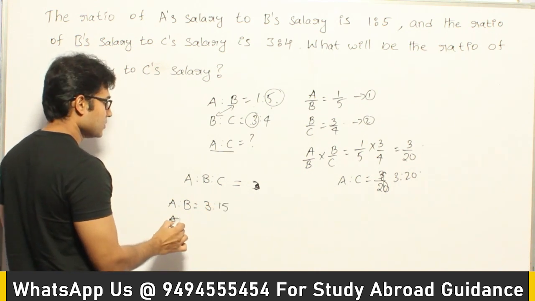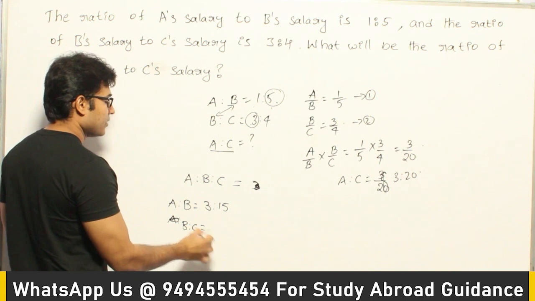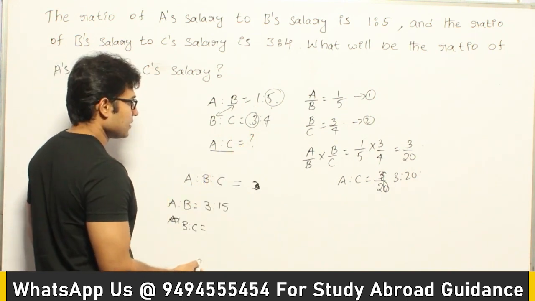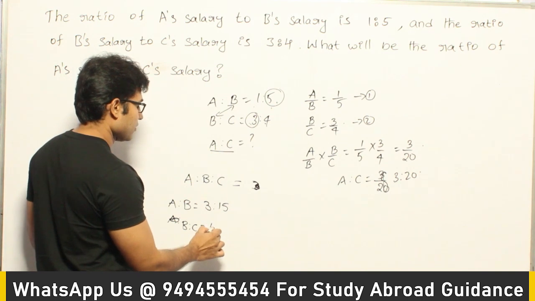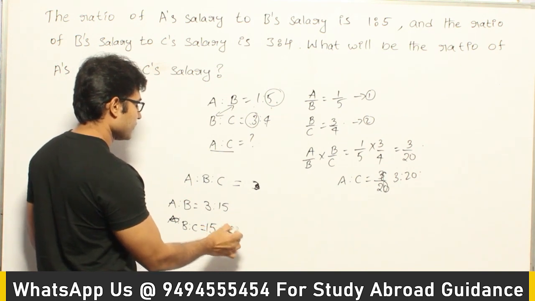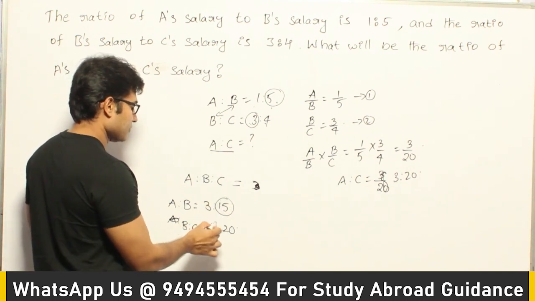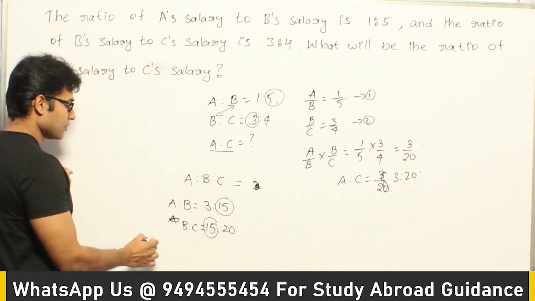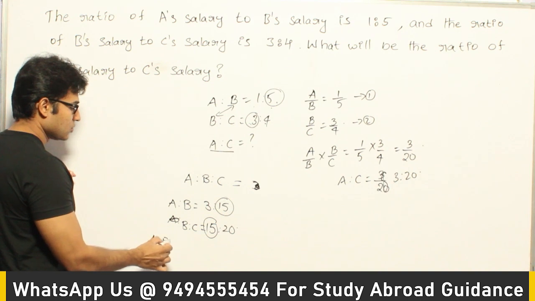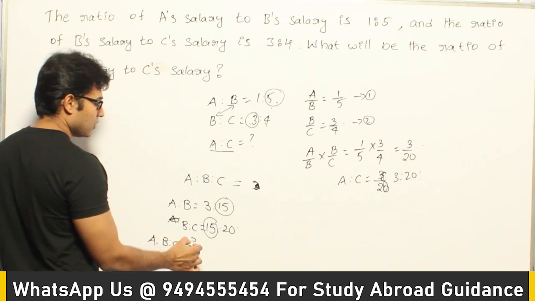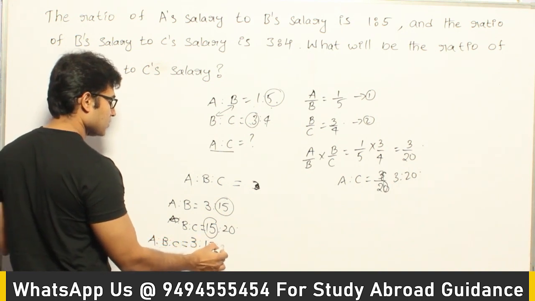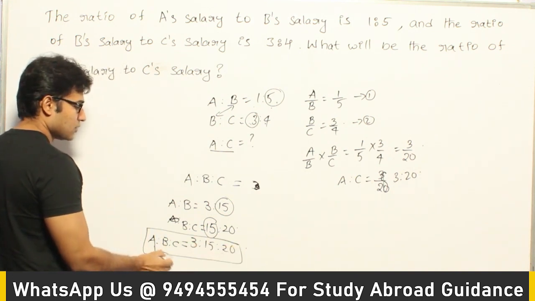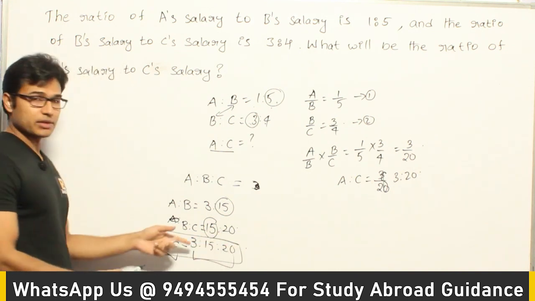And now B is to C is equal to, multiplying these with 5, I am going to get 15:20, right? Now we have a common thing. Now we can combine, which means whatever numbers you have here, you can directly use them. So now you can say A is to B is to C equal to 3:15:20, right? Therefore A is to C equal to 3:20. You can see that there.